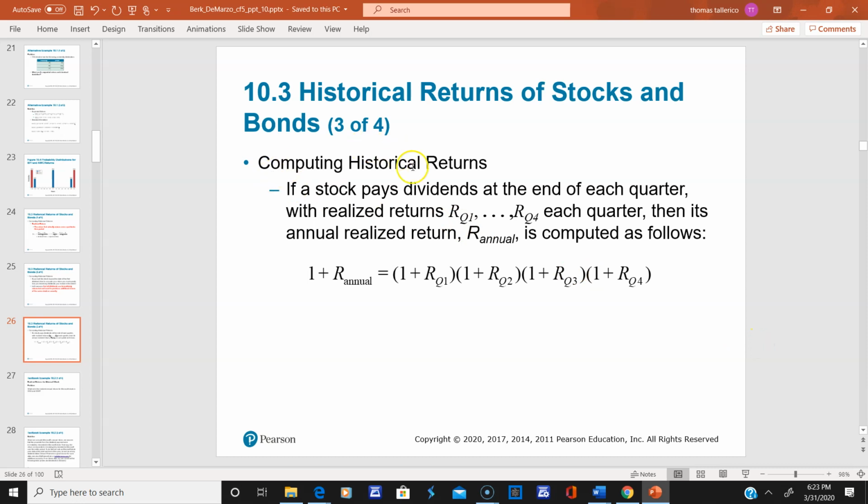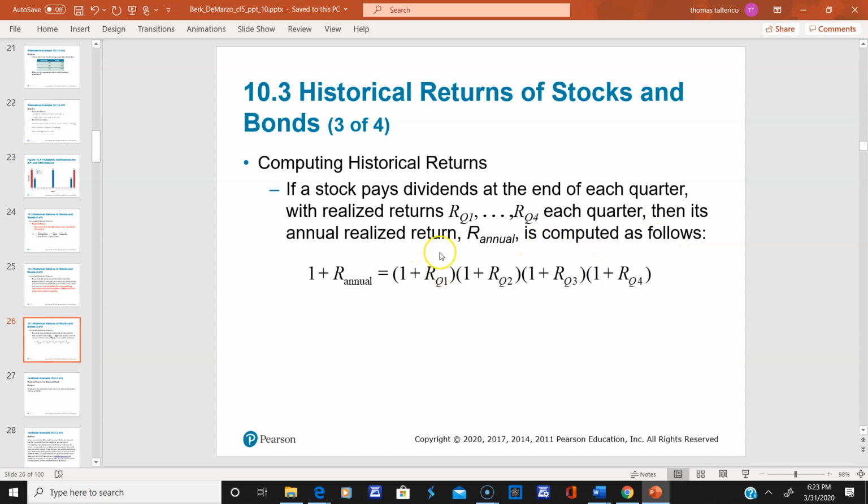Okay, so here's how you compute historical returns. You take each quarter, and if the stock is going to pay a dividend at the end of each quarter with a realized return each quarter, then your annualized realized return is computed as follows.